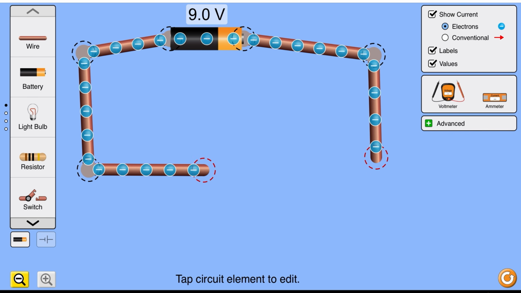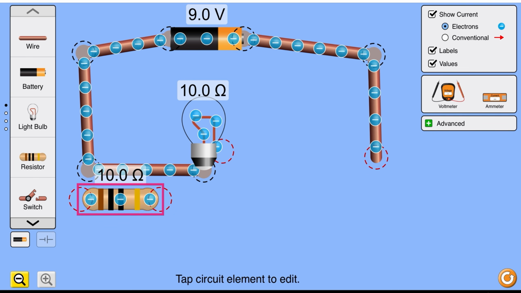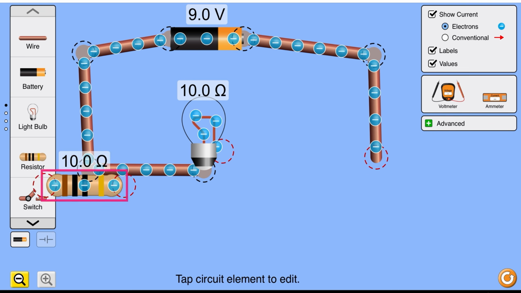Now, then we have loads like the light bulb here. I'll bring it here, and the resistor. This is also a load which uses electrical energy.